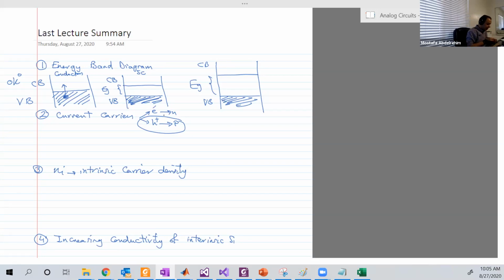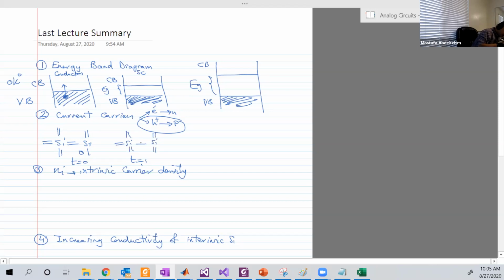For example, if you have a structure like this, and just an electron leaves this bond, this is at t equal to 0. At t equal to 1, from a nearby bond, an electron moves and fills this hole that was right here, and leaves another hole in its original place, and so on and so forth.